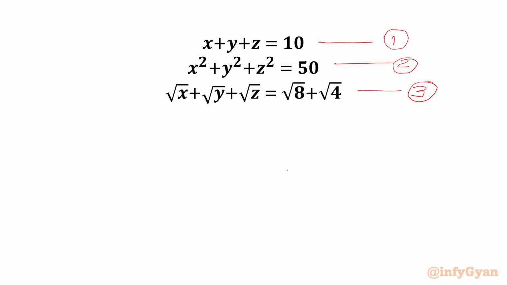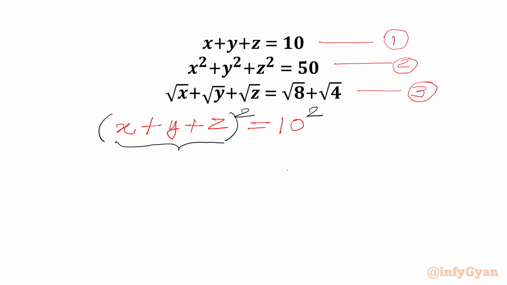Now we will write the first equation: x plus y plus z equal to 10. We'll be squaring both sides. So let us put power 2 in LHS, power 2 in RHS. Now we will use the (a plus b plus c) whole square formula over here.